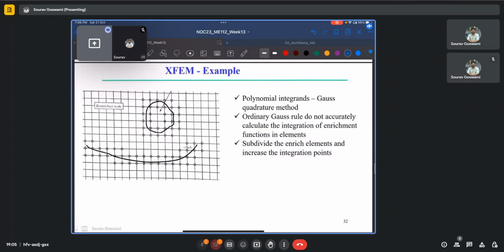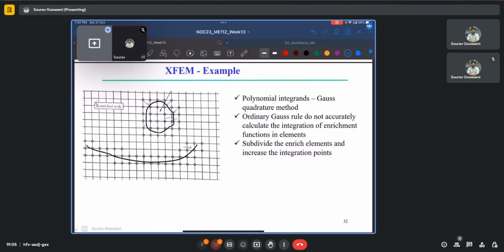So here is an example of the XFEM setup where these circles, or O's, denote the enriched nodes, the nodes which are in close proximity to the feature of interest. There are certain other nodes, but they are not really enriched. However, the ones which are close to the interface or to the region of interest are enriched.